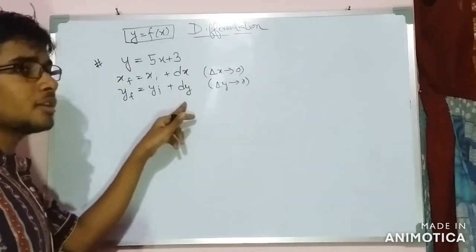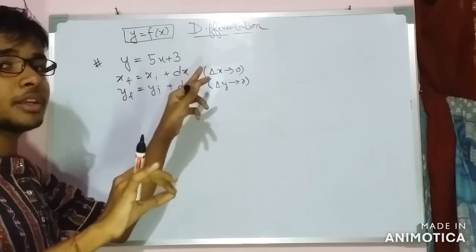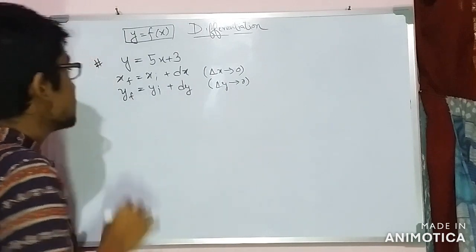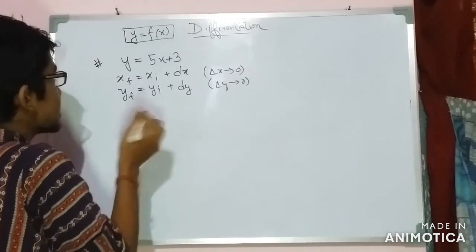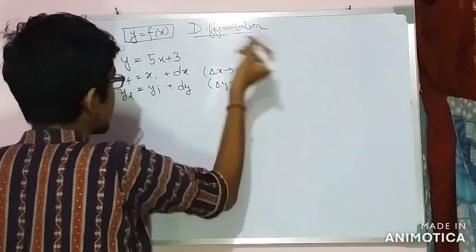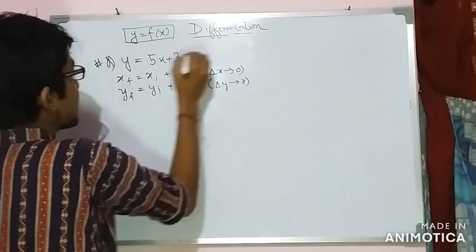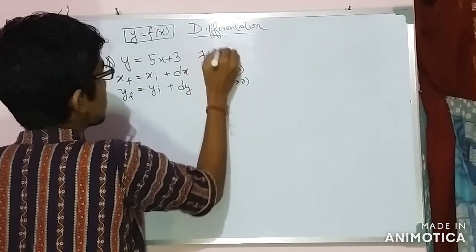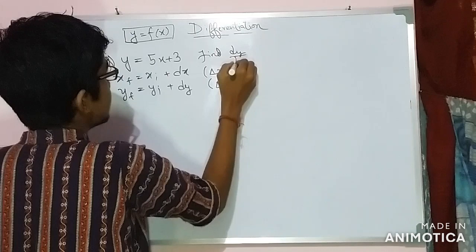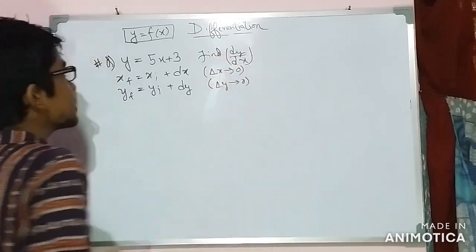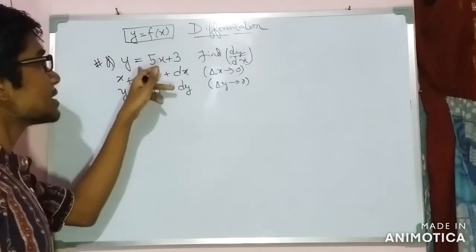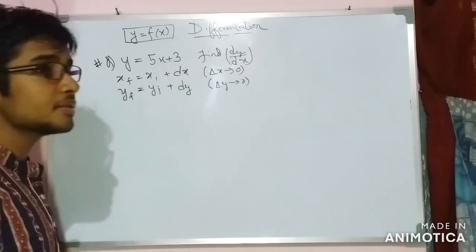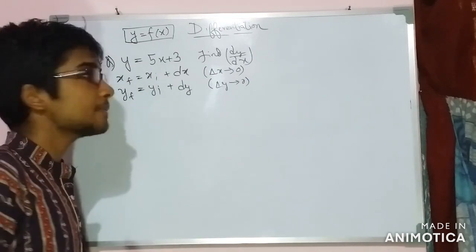So y is changed by a very small value dy, and x is changed by a very small value dx. Now someone asks you, find dy by dx. What is the value of dy by dx? You can simply use the formula and get the answer, but let us solve it logically.